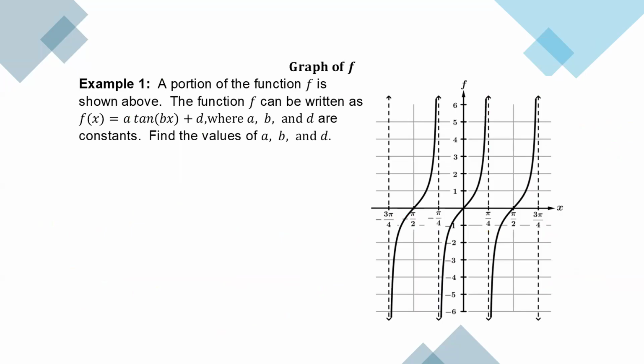Find the values of a, b, and d. Okay. Before you get started, the first thing you need to find always is the period. So the first thing we're going to find is our period. The period for a parent function for tangent equals pi over 2, right?